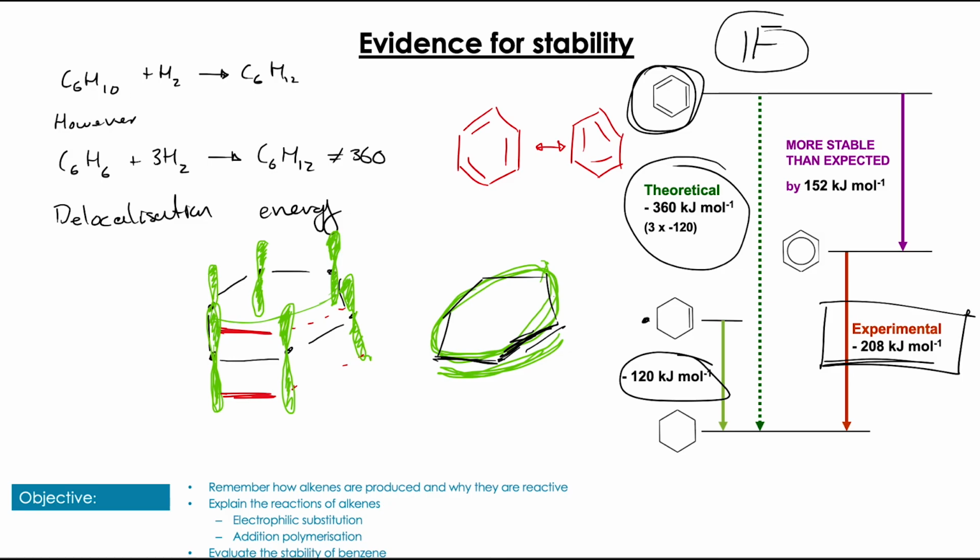There's a delocalization energy associated with this, and it allows the enthalpy to be more stable than expected. Okay, hopefully that helps integrate that more. We will look at that further in HL when we look at reactions of benzene as well.